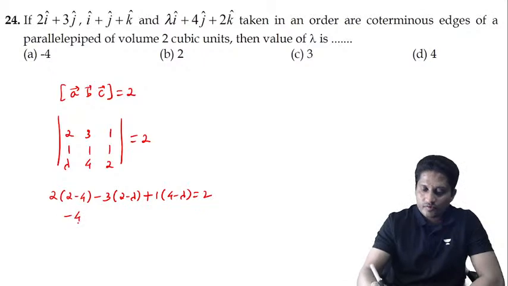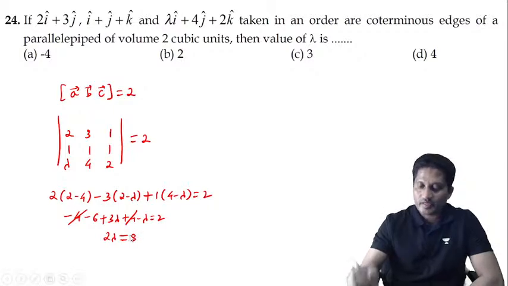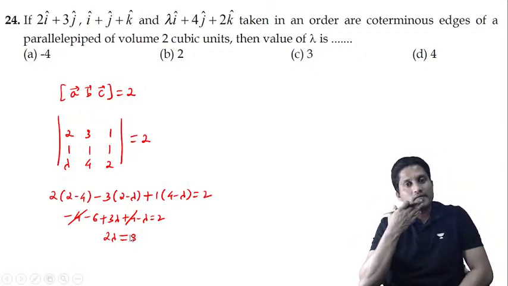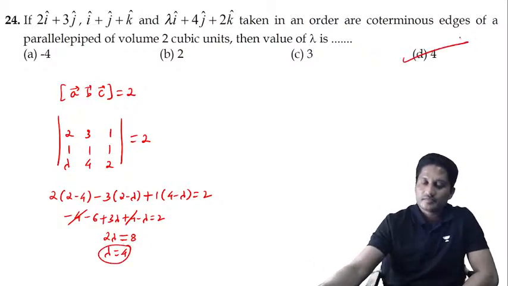This is minus 4 minus 6 plus 3 lambda, and then plus 4 minus lambda is equal to 2. This will cancel. You will get 2 lambda is equal to 8. Sorry, 2 plus 6 is 8. So lambda is equal to 4. That is the last option D.